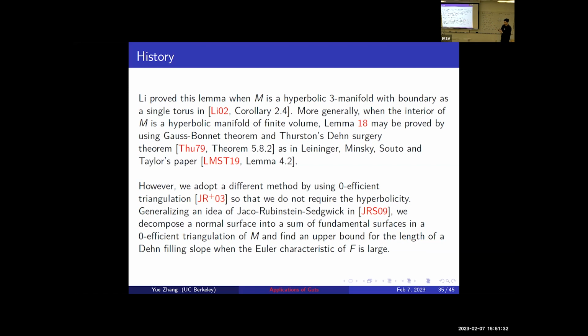And because the Dehn slope is huge, right? Because its norm is pretty high, that means the sum is pretty big too. And that will produce a very negative value of the Euler characteristic. So that's the basic idea of how to prove this.